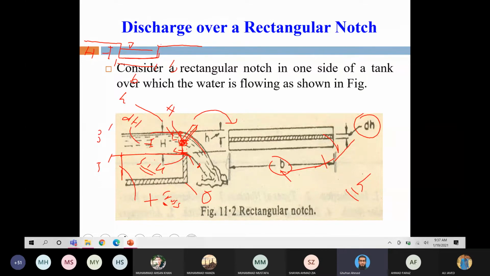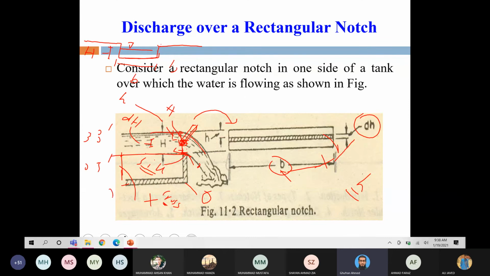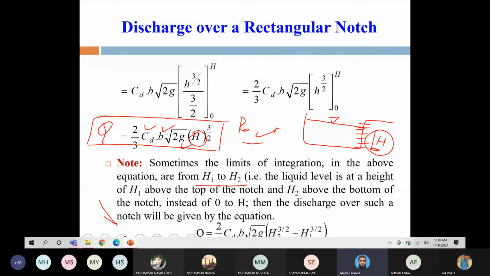So the limits are basically 5 and 8, or you can also write it as 8 minus 5, 3, so 0 and 3 can also be the limits. So in that case, if you are taking datum over here as 0, then you can transform this formula to h2 and h1 instead of only h.